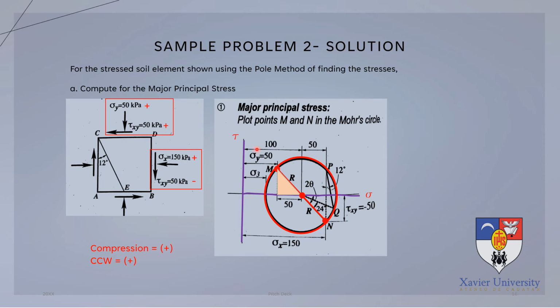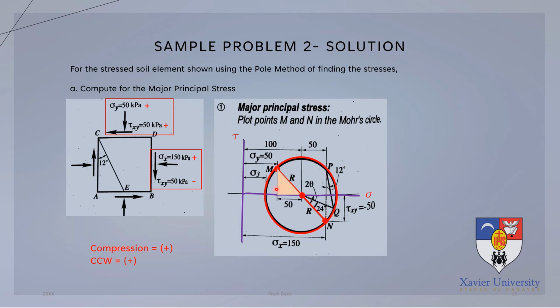So that is 100 minus 50, so 50 is the length of the bottom part of the triangle. The vertical part of the triangle would be equal to 50, because the movement along our y-axis is actually equal to 50 kPa.